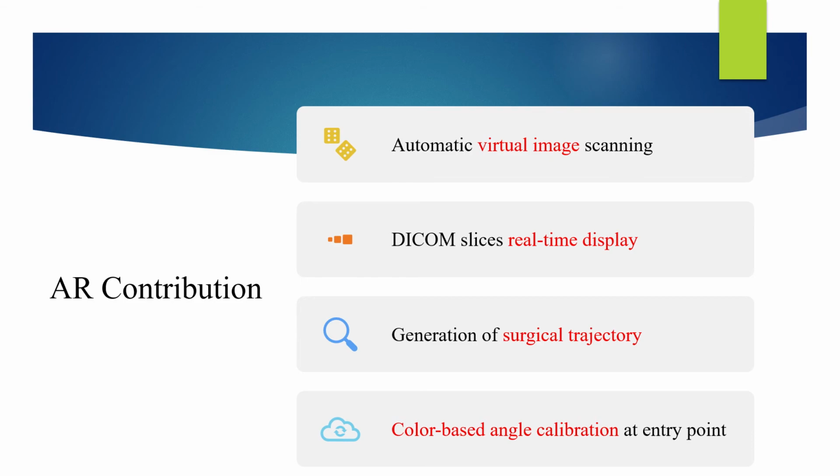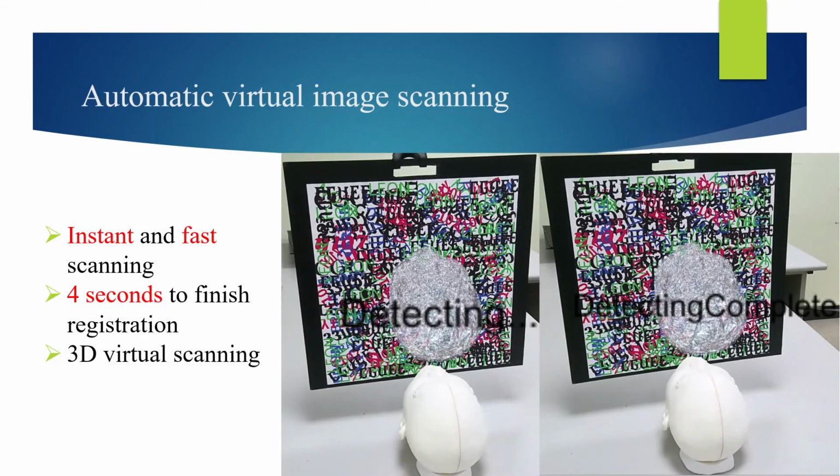Starting with the automatic virtual image scanning, I would call it instant and fast scanning, because as long as the camera points at the image target of the head, it will start to scan. I call it fast because it takes just 4 seconds to finish all the registration, and it is also the 3D virtual scanning as well.